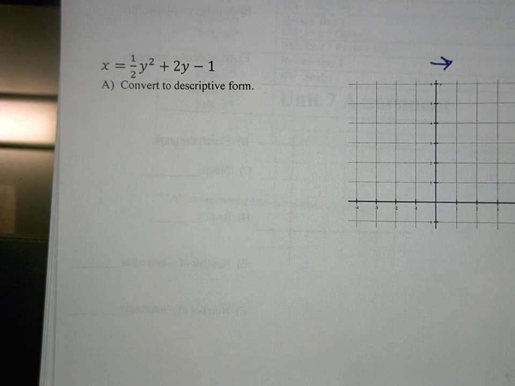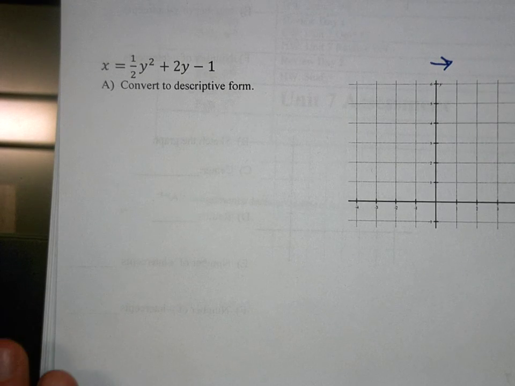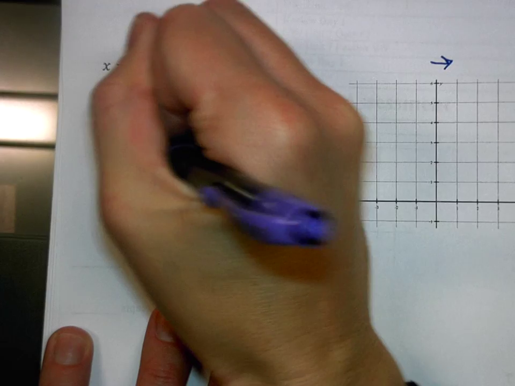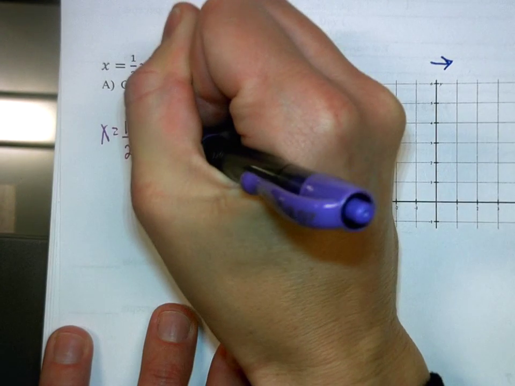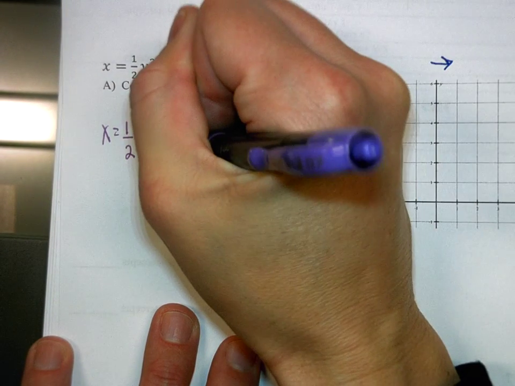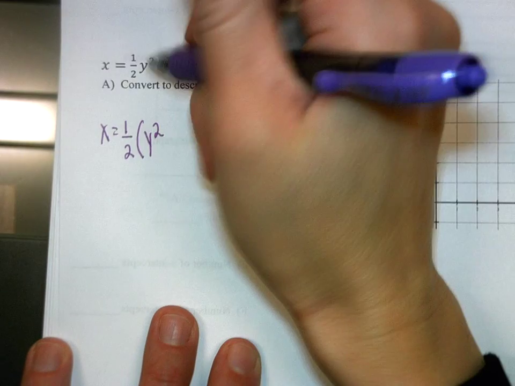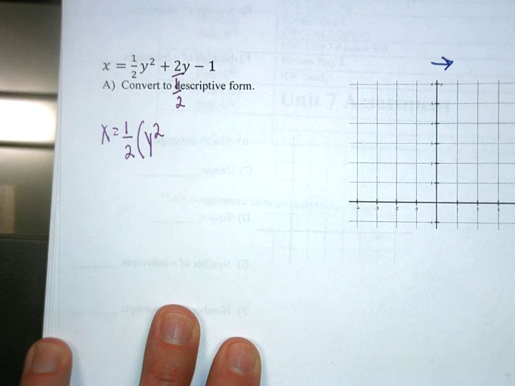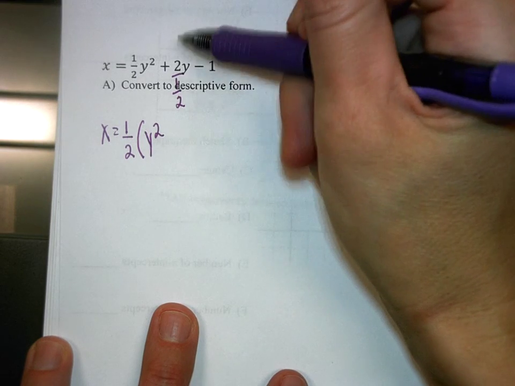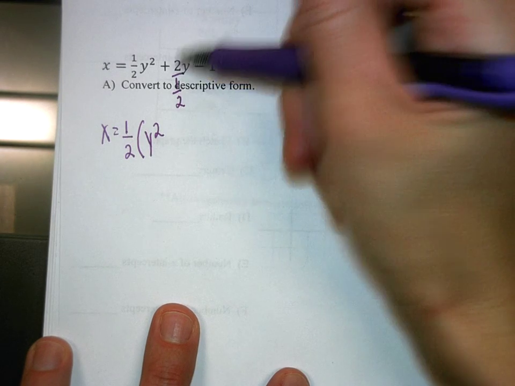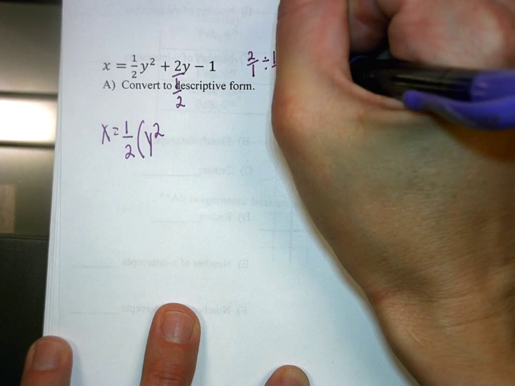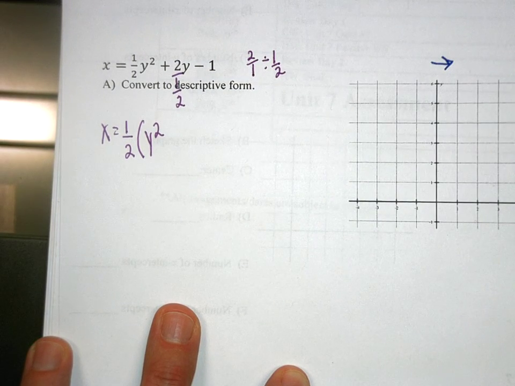Okay? What will I need to do first? Very good. We're going to factor out 1/2. So we take out 1/2. We have y squared. And we're going to take 2 and divide it by 1/2. So when I have something like this, this is 2 over 1 divided by 1/2, which means, what do we do with that?